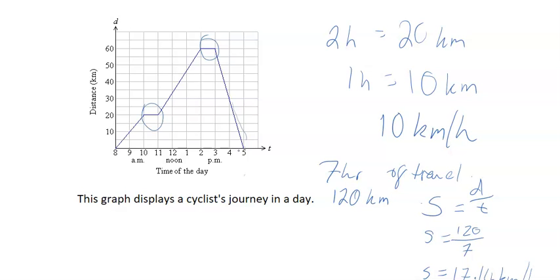Now, a possible reason could be the fact that perhaps this cyclist was climbing a very steep hill, for example, and therefore needing a bit of a rest, and it took a lot of time. And then on the way back, the cyclist was going downhill, so therefore it was much, much faster to get back home. That's a possible reason. So sometimes you need to also interpret these graphs as well.